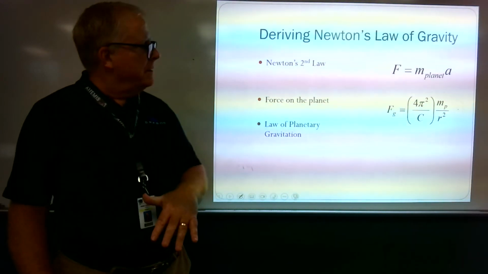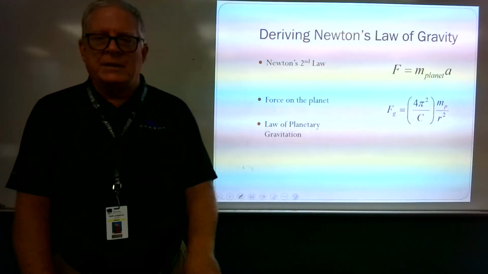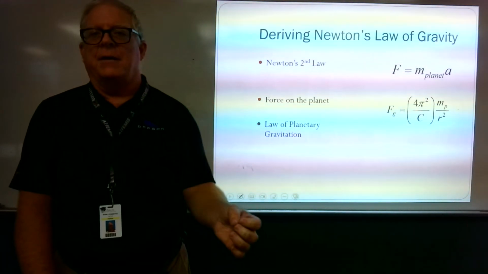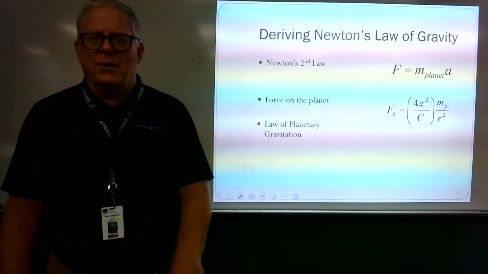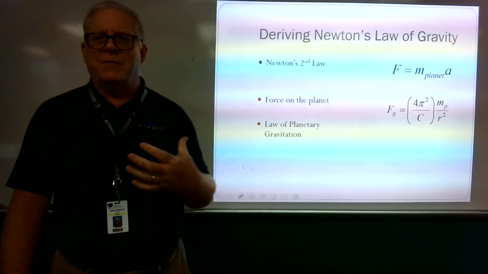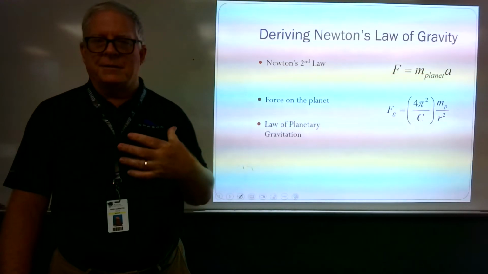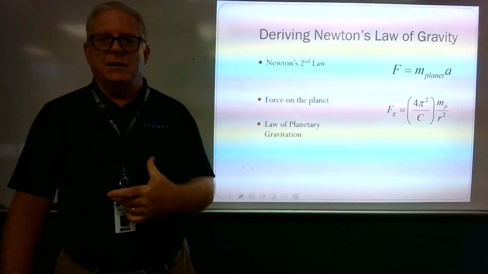The force of the sun on the planet must be the same as the force of the planet on the sun, because he had Newton's third law, which meant that whatever the formula for the force of gravity must be, it must not distinguish between the sun and the planet, because the force that you get out of it must be the same.